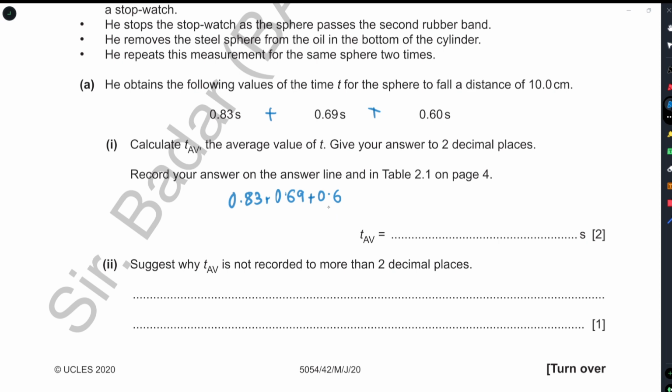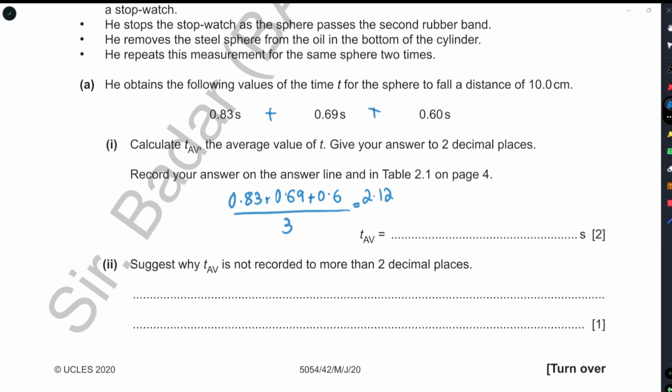Sorry, my bad. So divide by 3. So this right here must be 2.12. All right. And then we divide this by 3.